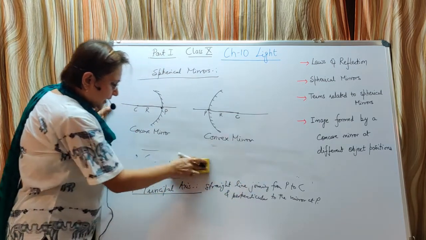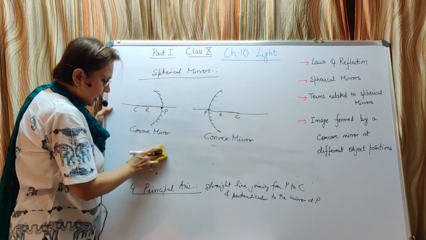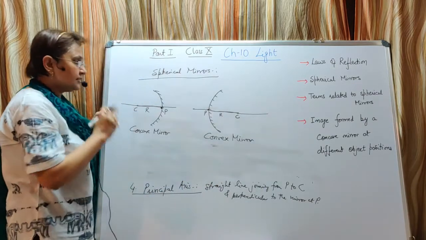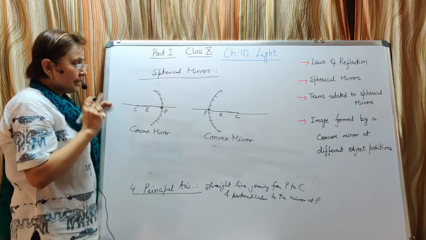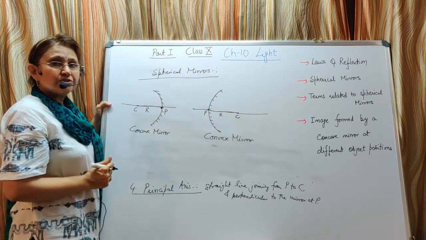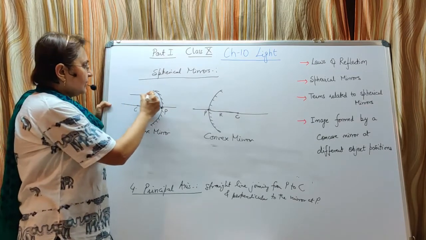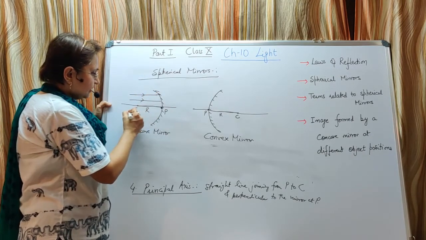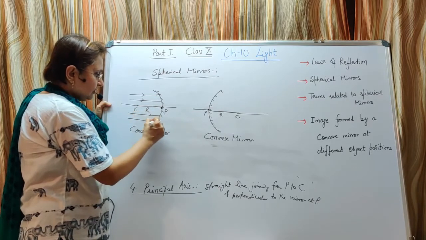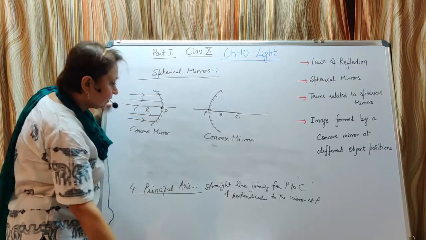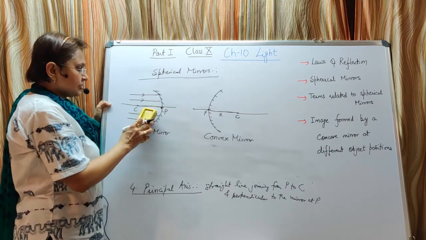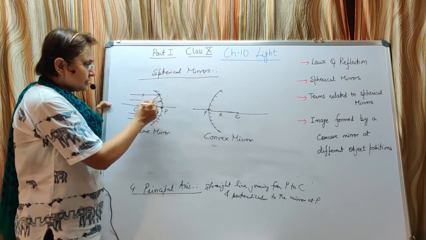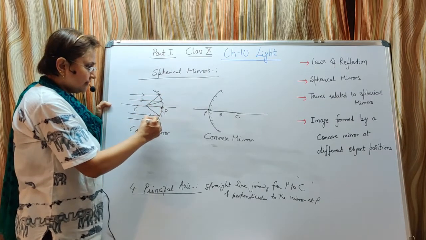Whenever a parallel beam of incident light, meaning the incident rays are parallel, and let us consider that these rays are parallel to the principal axis, falls on a spherical mirror, then after reflection they all meet at a point on the principal axis. All these are the reflected rays.